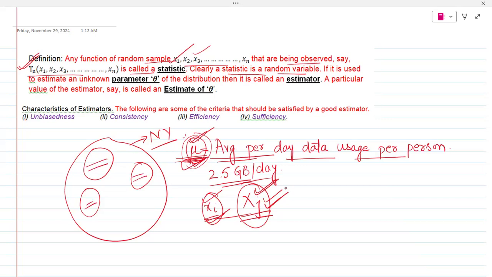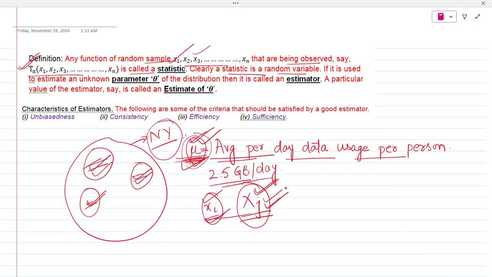Obviously, I will take these samples throughout New York City. For these samples, I will calculate their data usage. Then, from the data usage of these samples, I will try to estimate the population mean mu.